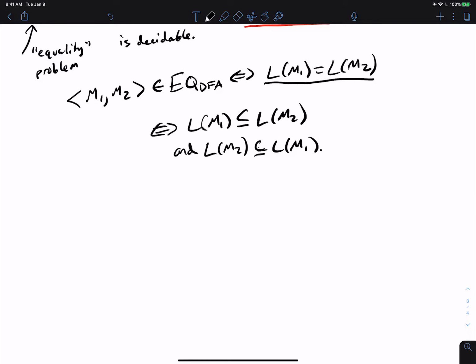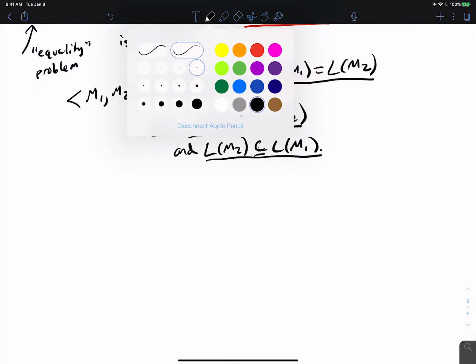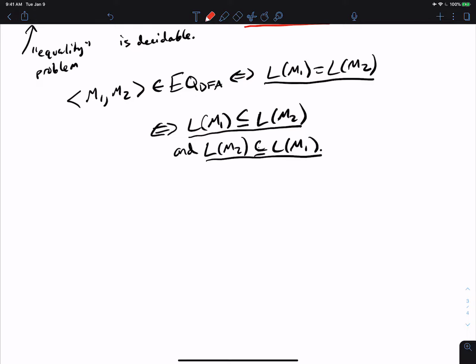Then all that we have to do is, let's just solve this problem and this one, and then we just keep track of what the answer is to both of them and output the answer, which is the AND of the two answers. So one way that we should view this is A is a subset of B if and only if A intersection with B complement is empty.